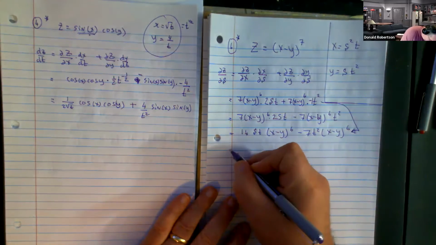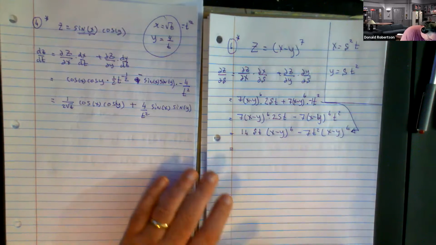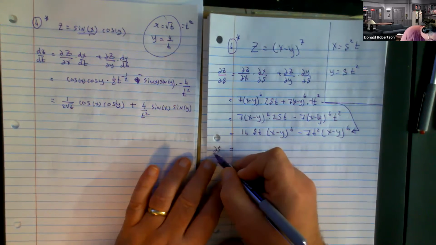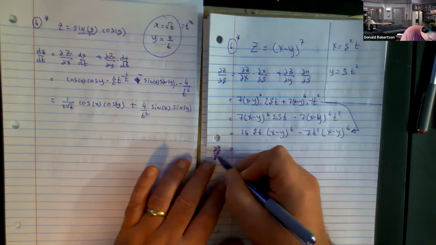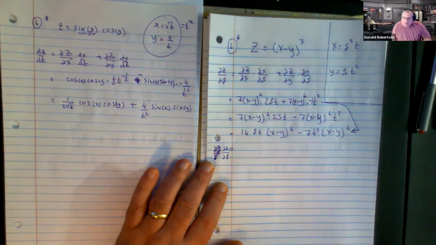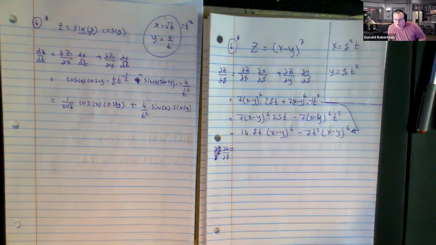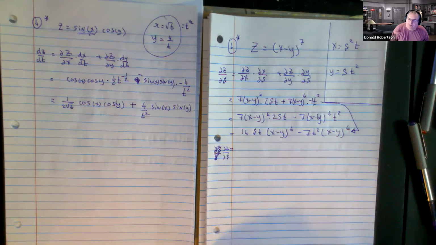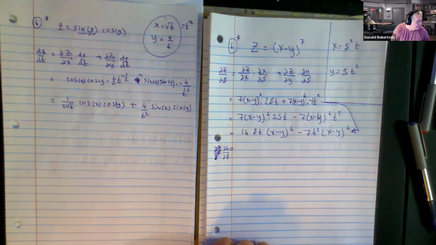Now, style points. Make it look like the original, factor the heck out of it, and last but not least, if it's a trig function, try and find a trig identity that makes things look good, right?